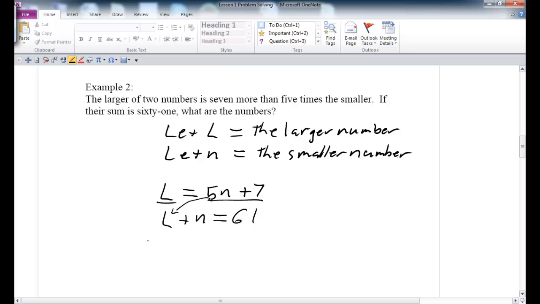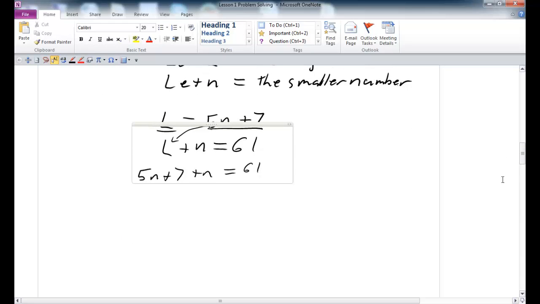And we get this, 5n plus 7 plus n equals 61. Using two equations like this is usually called a system of equations. Now you can see I've just got n's to solve for. I can just collect them up, isolate the n, and I'll have my solution.